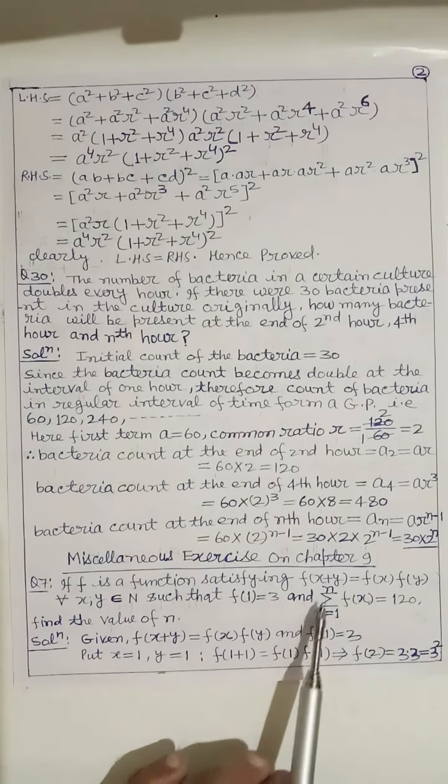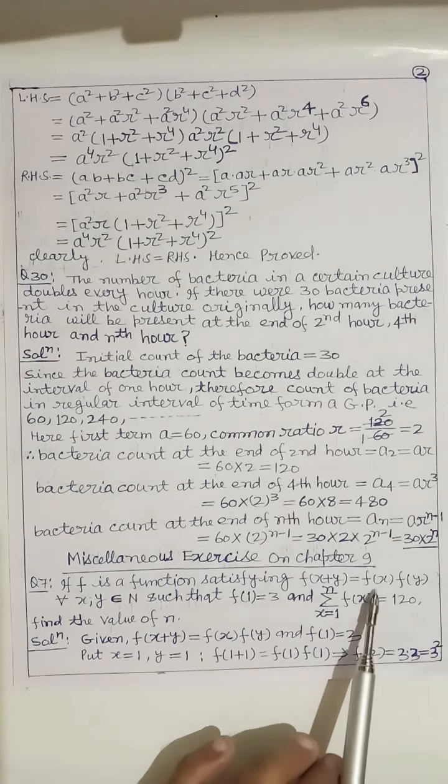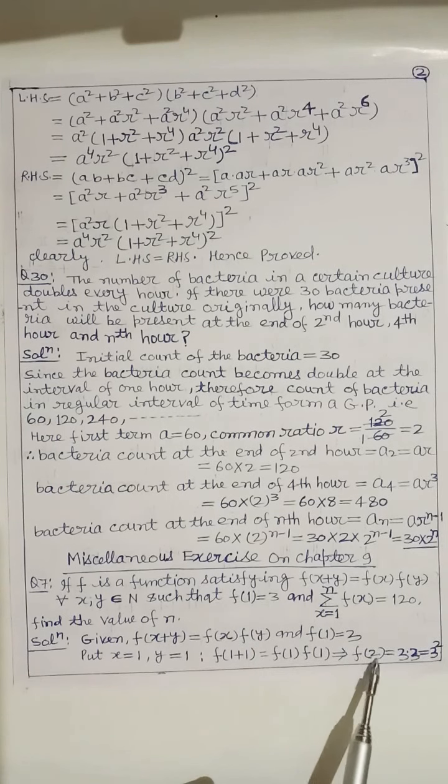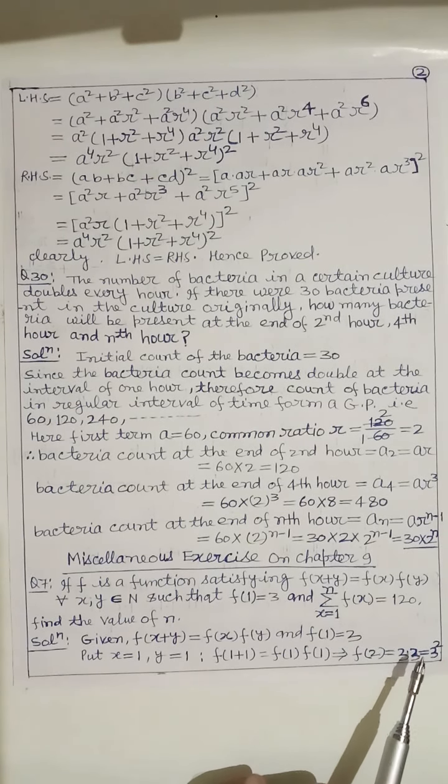So we get f of 1 plus 1, that is f of 2, equal to f1 into f1, and we get f2 is equal to 3 into 3 equal to 3 square.